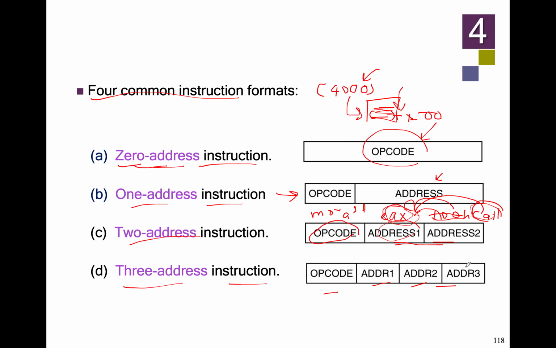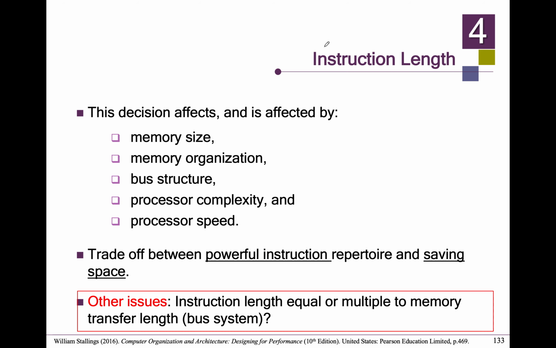I think you already looked into all of this, especially in your lab too, where you looked at several different kinds of code. So I guess it is easy for you to understand. Next we're going to look into instruction length.